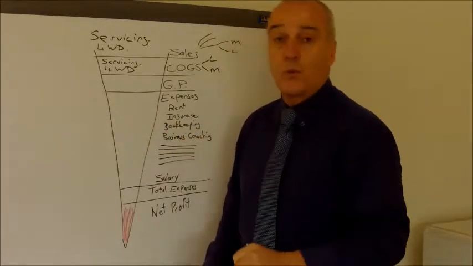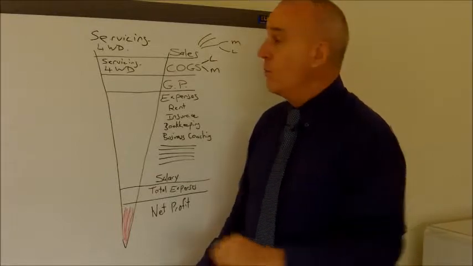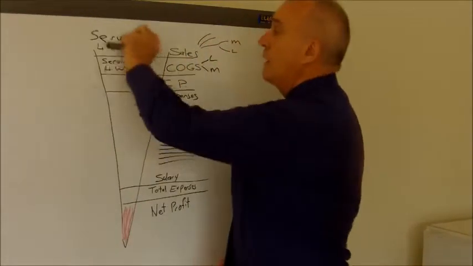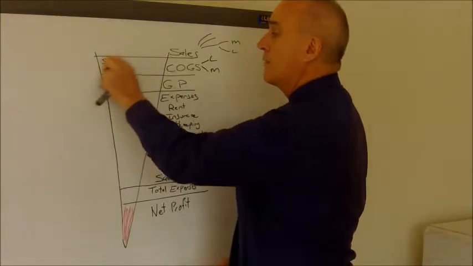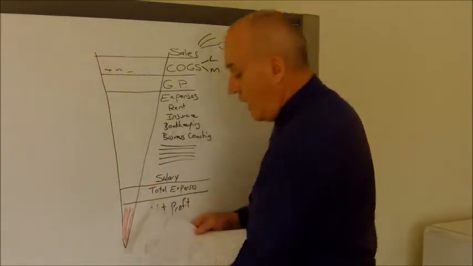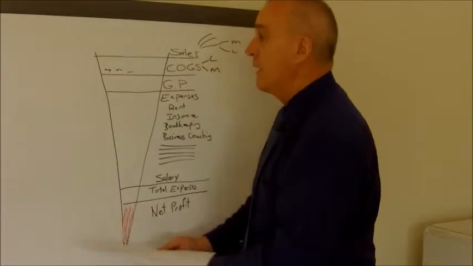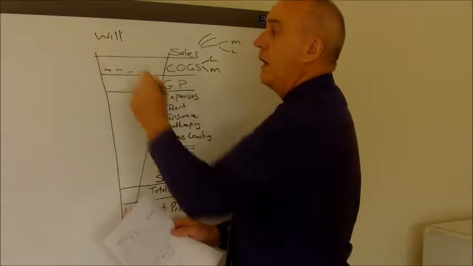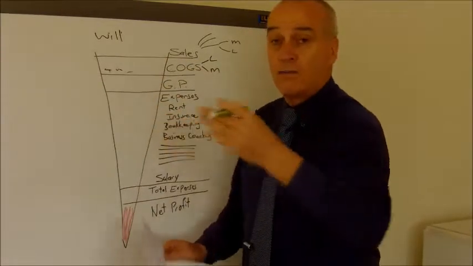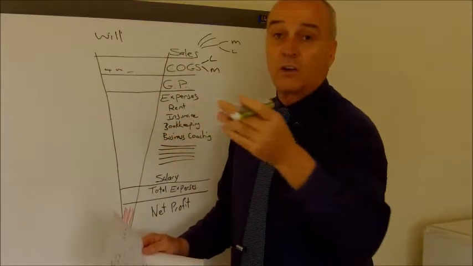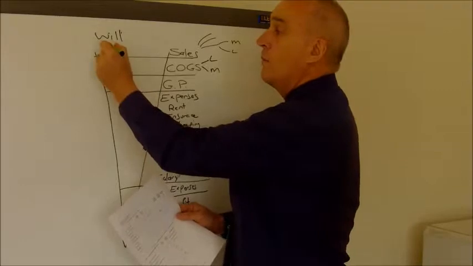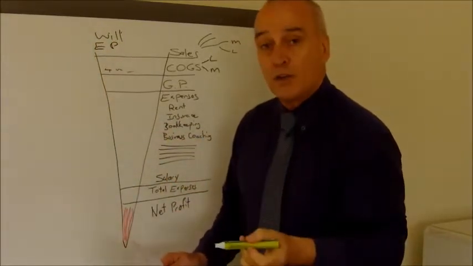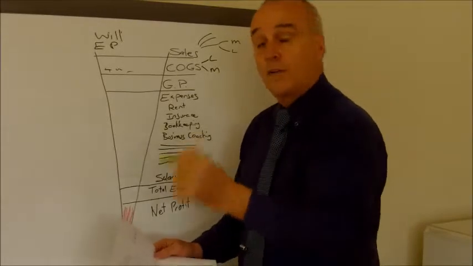But what happens if you're running a law practice and you might have income headings instead of that? Your income headings could be totally different, and you could have a heading up there for a will, and you might sell that for $1,000 or $500 or $2,000, or you might have an estate plan, or you might have an enduring power of attorney, or you might have an enduring power of guardianship.